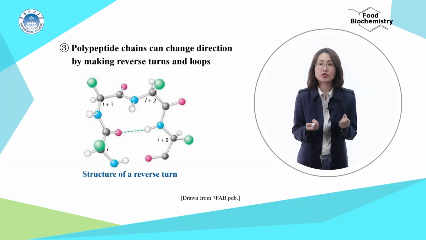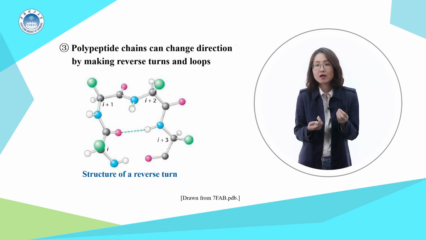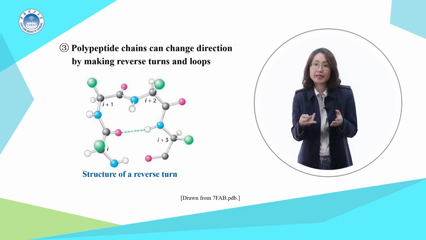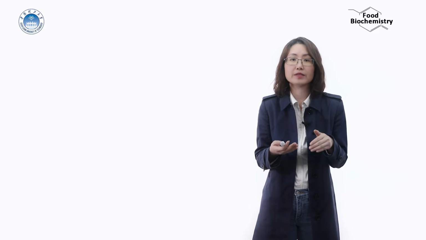Many of these reversals are accomplished by a common structural element called the reverse turn, also known as the beta turn or hairpin turn. In many reverse turns, the CO group of one residue of the polypeptide is hydrogen bonded to the NH group of a residue several positions along.